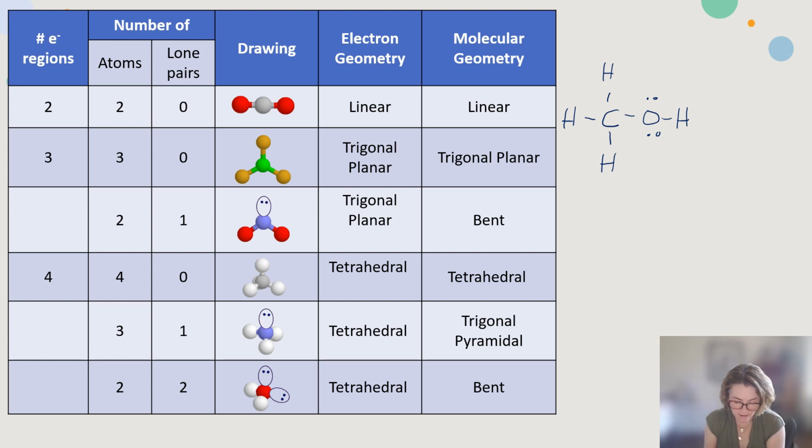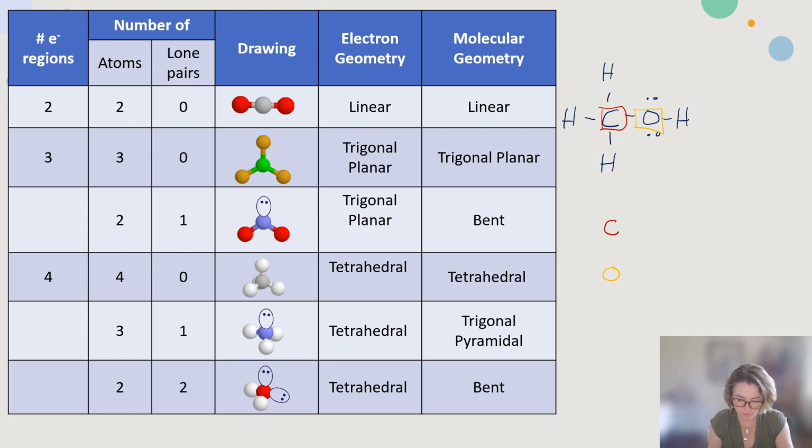So here I have 2 central atoms. I have carbon, which has 4 bonds, and I also have oxygen. So what I'm going to want to do is isolate each of these and talk about the shape for each of these atoms.